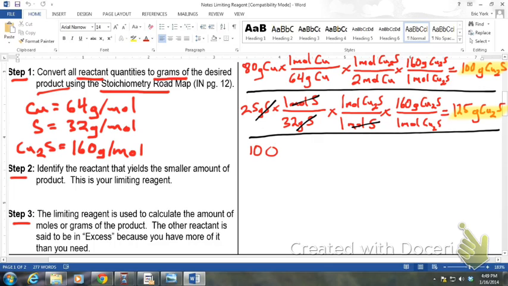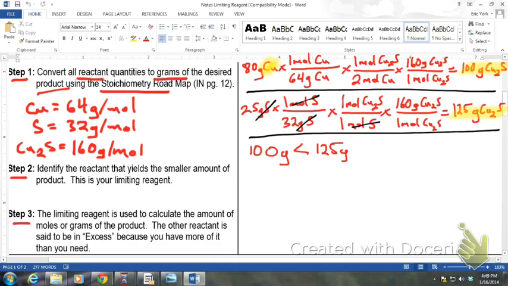We have 100 grams compared to 125 grams. Obviously 100 is less than 125. So because copper can only produce 100 grams of copper 2 sulfide, whereas the sulfur could produce 125 grams of copper 2 sulfide, that means that copper is in fact the limiting reagent.